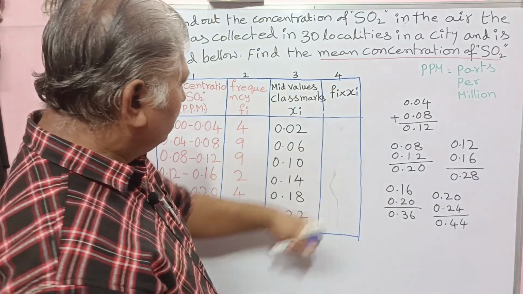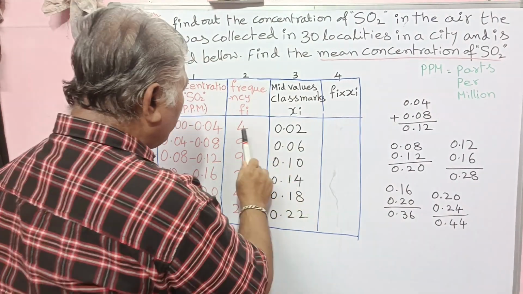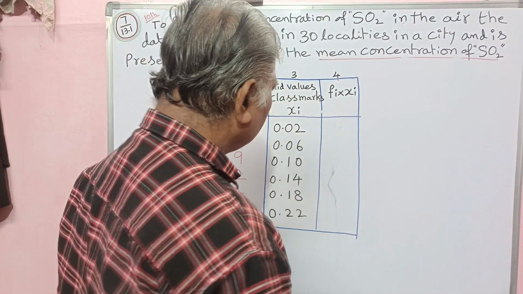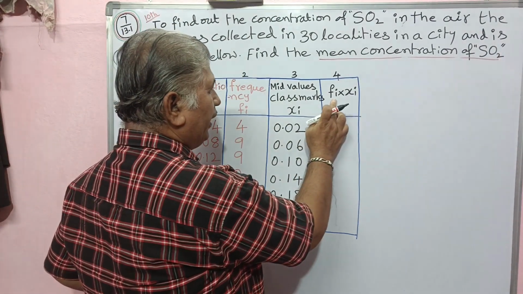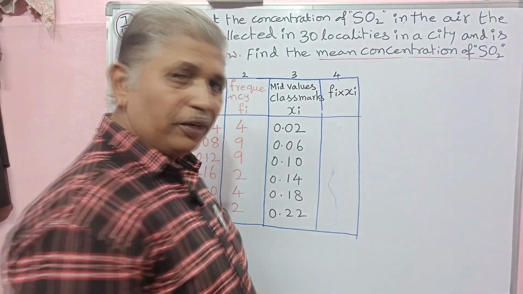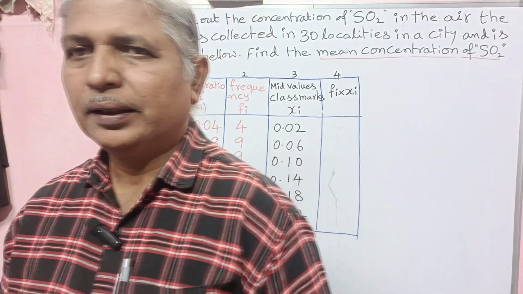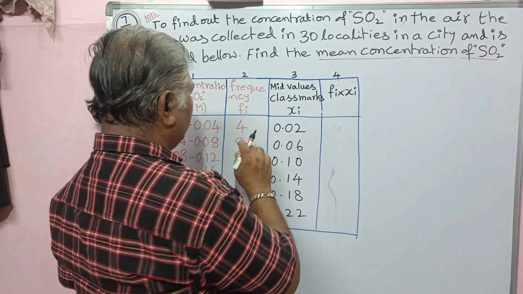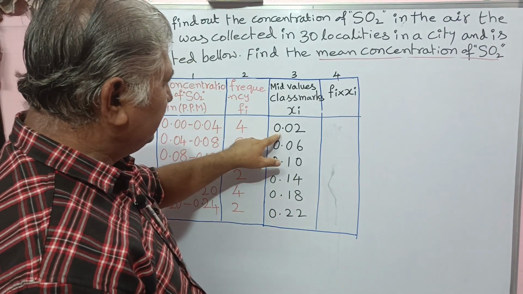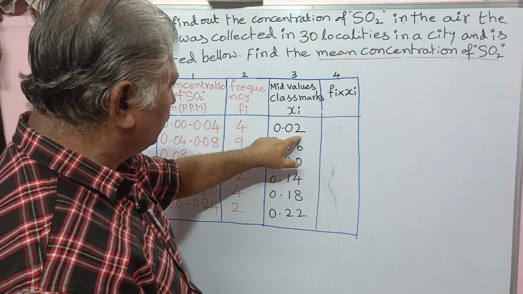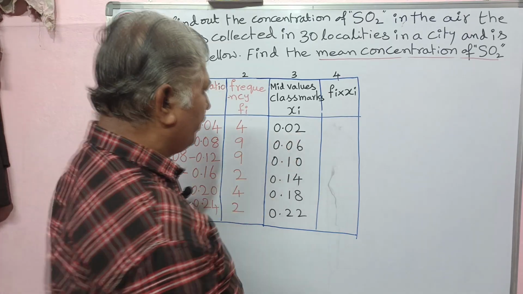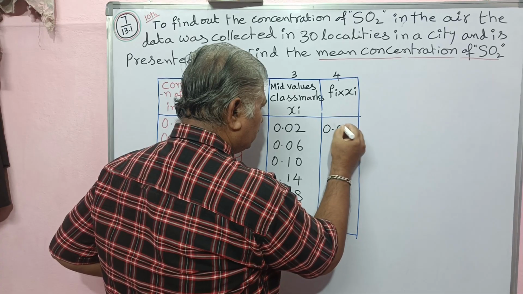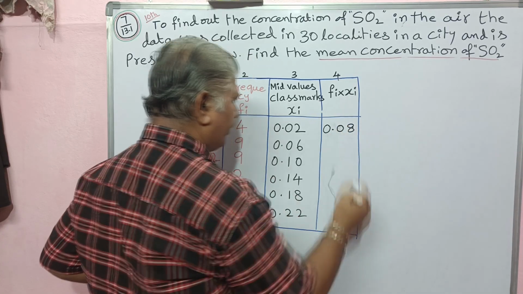In the fourth column, we have to multiply these two values: fi into xi. fi is 4, xi is 0.02. 4 twos are 8, so it is 0.08.